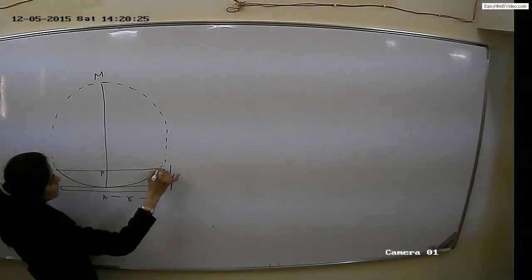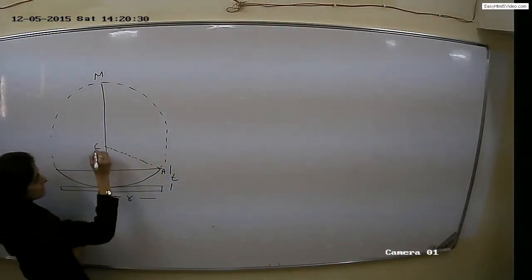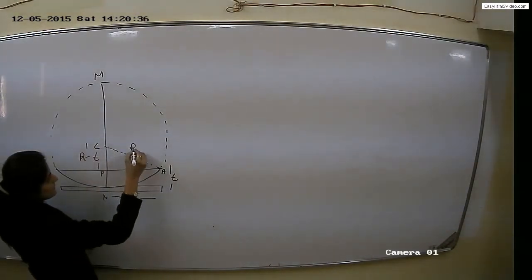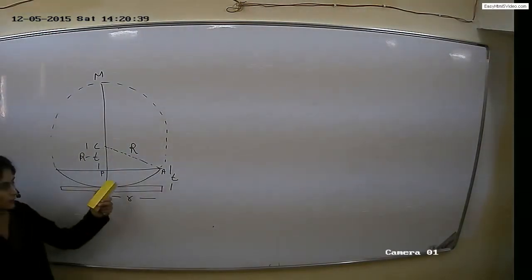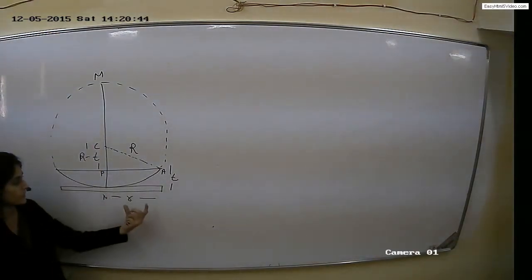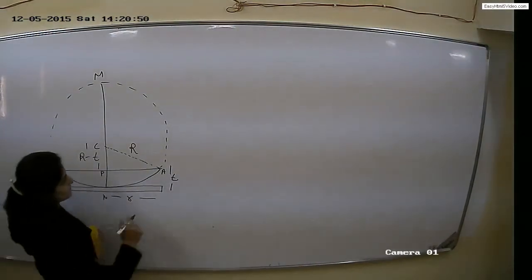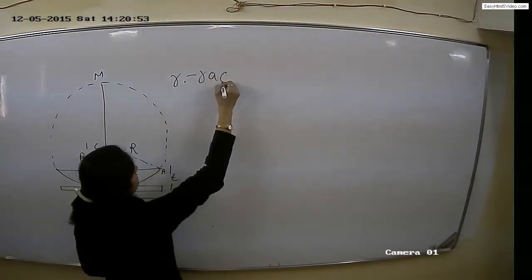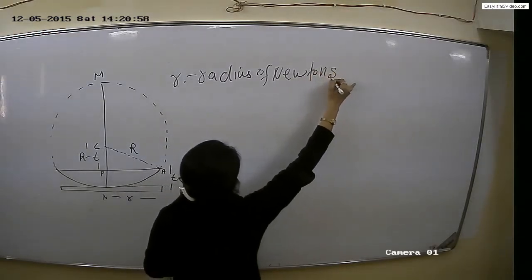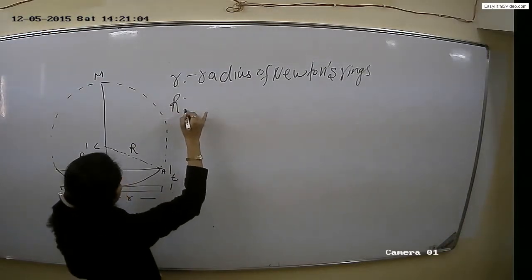From A, draw a perpendicular on Mn, let it be C. This distance is R minus t, this distance is r. So this is the plano-convex lens, and the plain glass plate. Mn is the center of the plano-convex lens. Small r is the radius of Newton's rings.